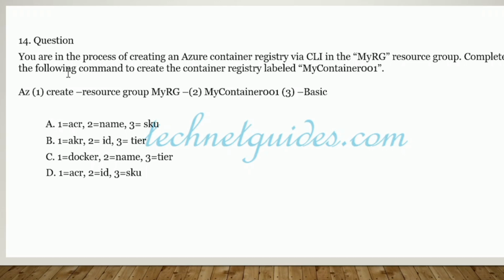Option B: 1 equals AKR, 2 equals ID, 3 equals tier. Option C: 1 equals Docker, 2 equals name, 3 equals tier. Option D: 1 equals ACR, 2 equals ID, 3 equals SKU. And the correct answer is option A: 1 equals ACR, 2 equals name, 3 equals SKU.